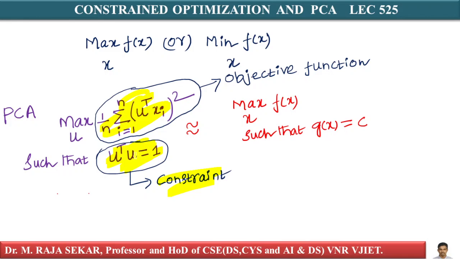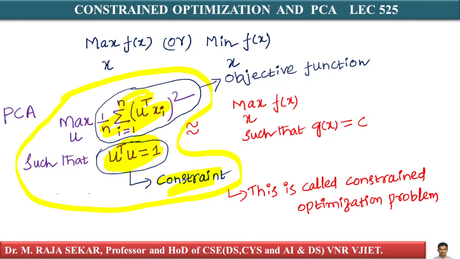If you find some u that does not satisfy u transpose u equal to 1, you will not accept it. So the optimization problems where we have constraints like this are called constrained optimization problems.